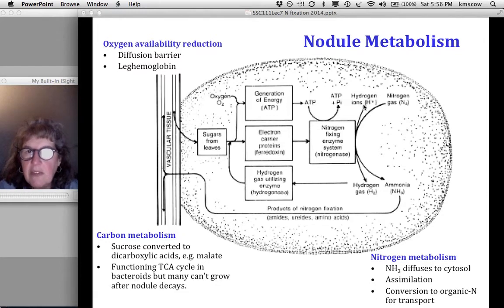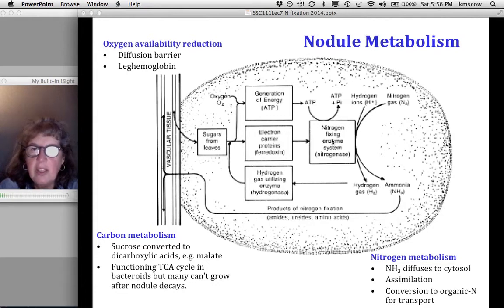And remember, if the rhizobia has the ability, then those hydrogens that are created can also be converted into hydrogen gas, and that will go to help fuel this reaction. Okay, oxygen, as we said before, is going to reduce or shut down the reaction.